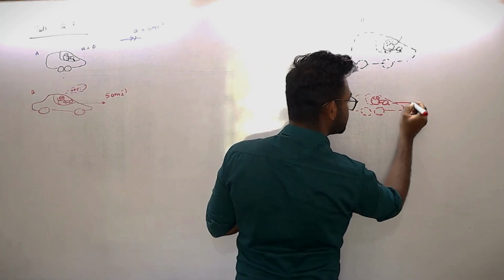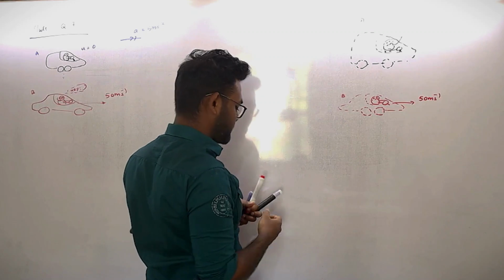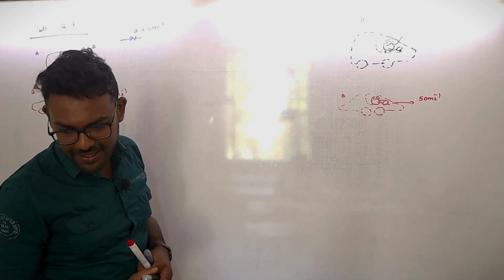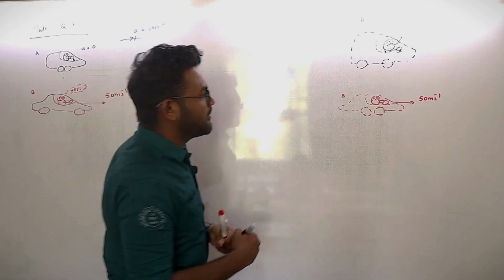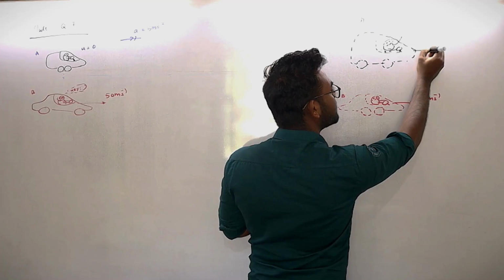B will be still moving with that 50 meters per second. Tell me, guys, what can you say about the velocity of the A? Once the A is passing the B, should the velocity be 50 meters per second?